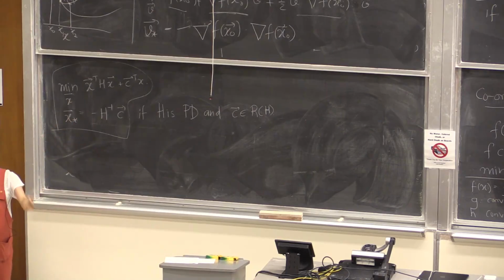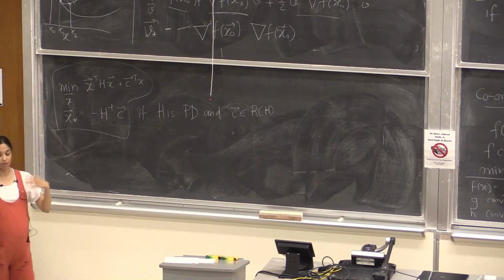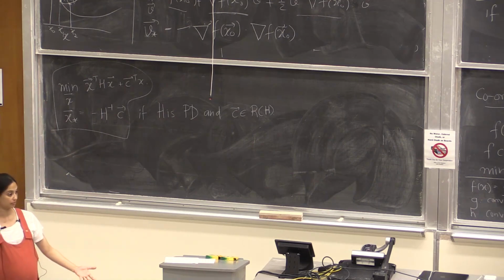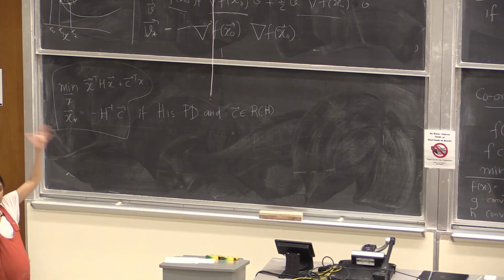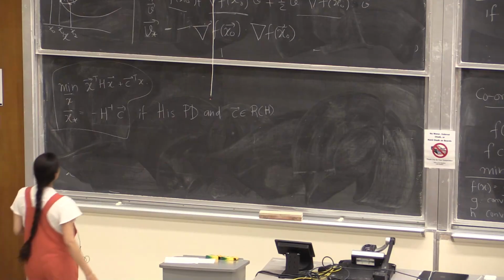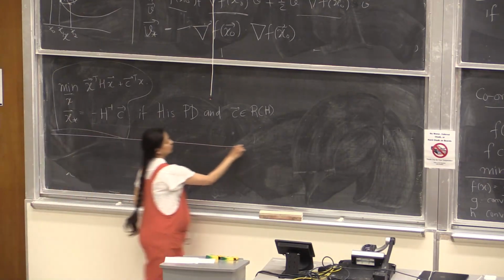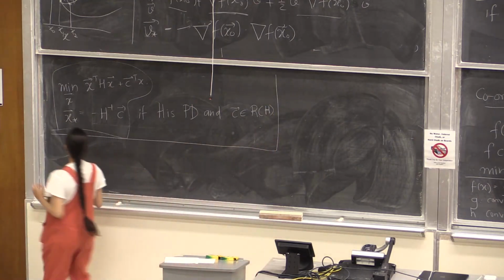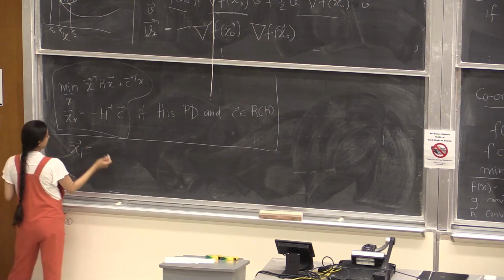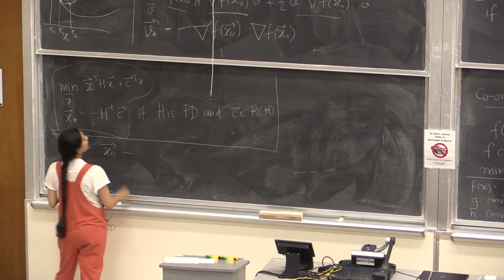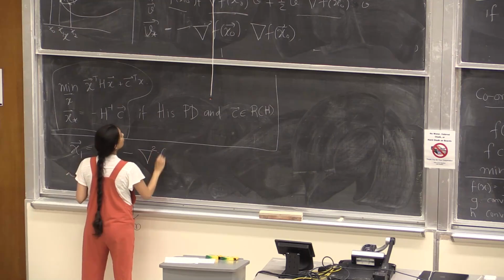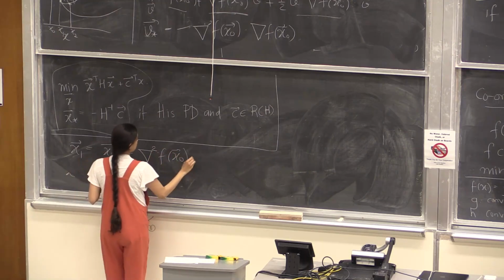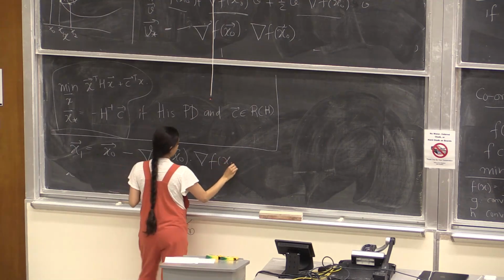That is the step you want to take. If you're at x naught, you want to perturb it to go to the minimum of the quadratic approximation at x naught, which is given by exactly this, by the calculation we did in the QP lecture. Okay? So this tells me that I want to choose x1 is equal to x naught minus Hessian of f of x naught times the gradient at x naught.